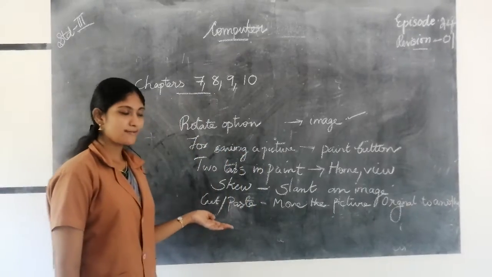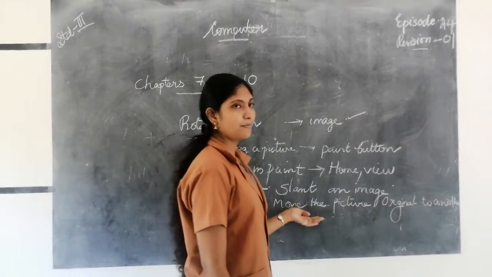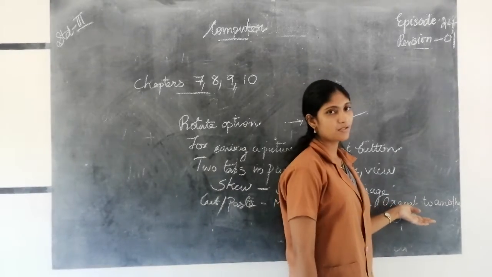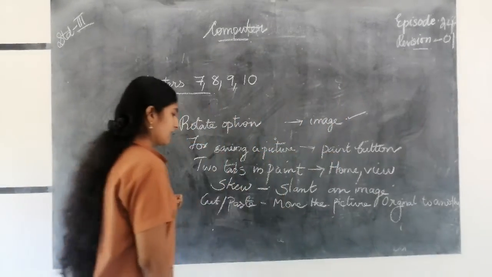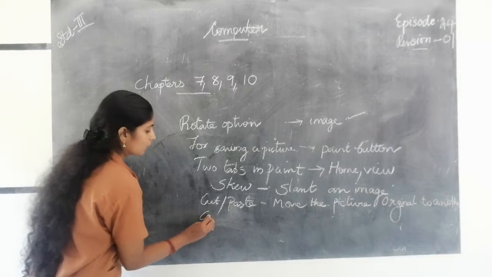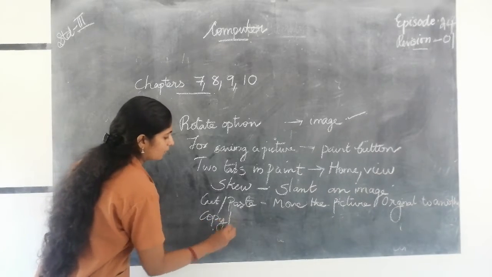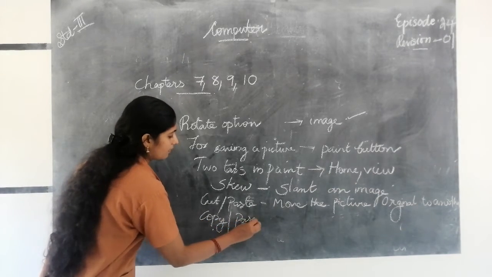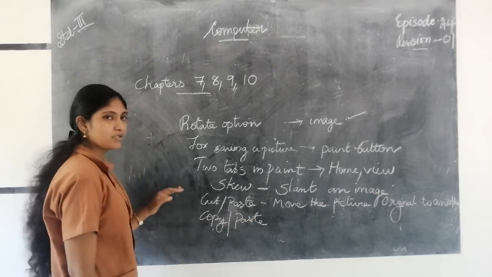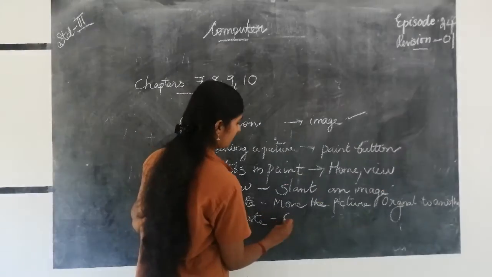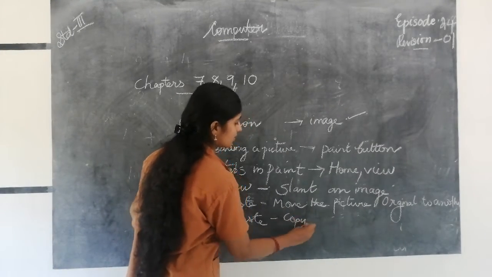Then cut or paste option is used to move the picture from one position to another. Then what about copy or paste option? Copy or paste option is used to copy a picture from one location to another location.